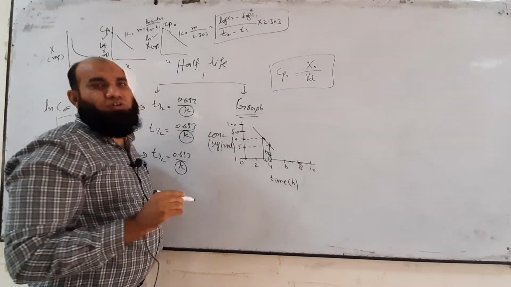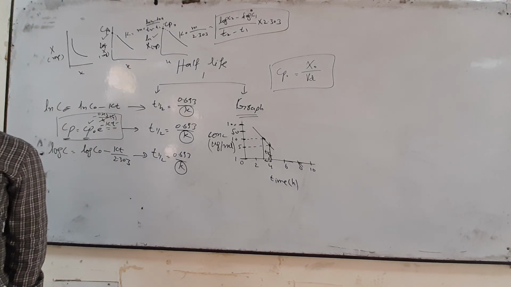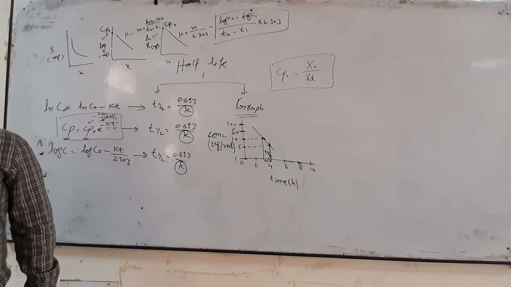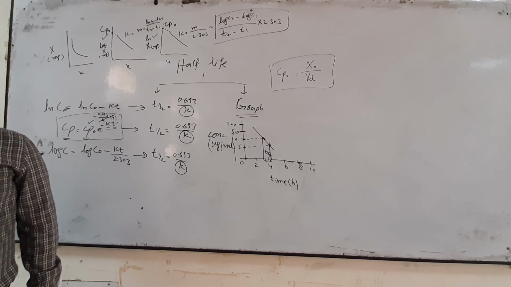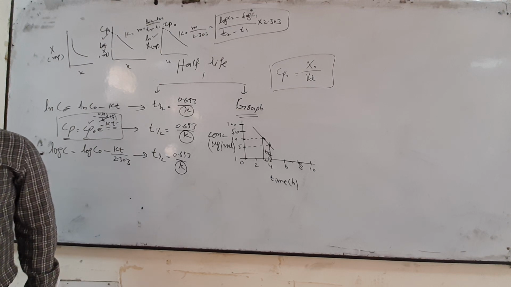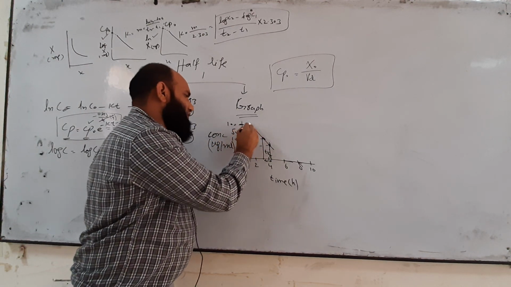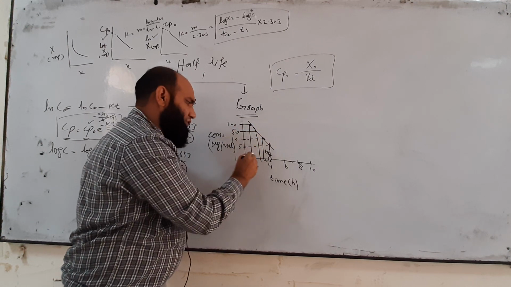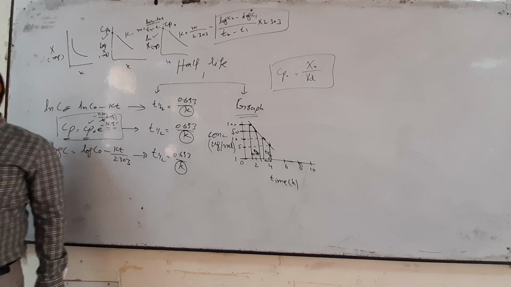Now I will search where is 25 or where is 100, because half of 100 is 50, half of 50 is 25. Then I have to take exactly two points which have the same difference of the half. Okay, it's 50, then there is 100, and from these 2 points we will get the difference of the time. This time will be the half-life by graph.